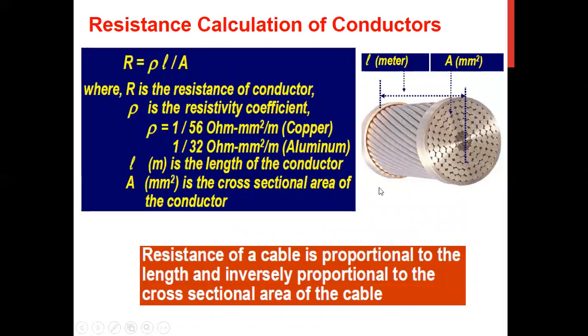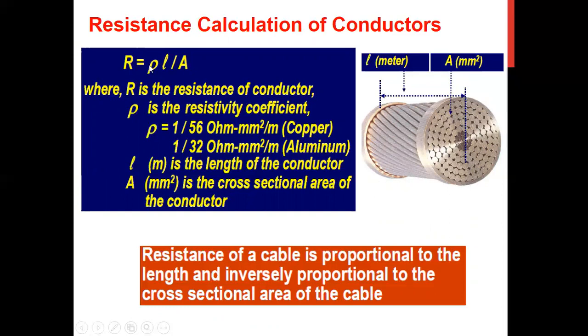So let us see, this is a conductor. The value of the resistance depends on the length, how long the conductor is, and the cross-sectional area of this. So R equals rho L over A.